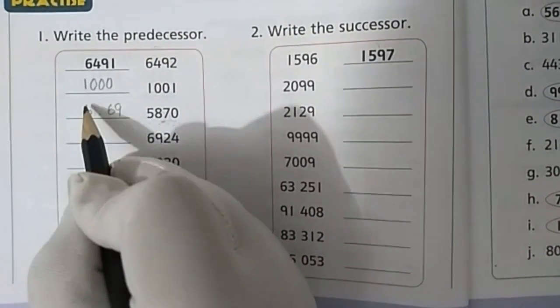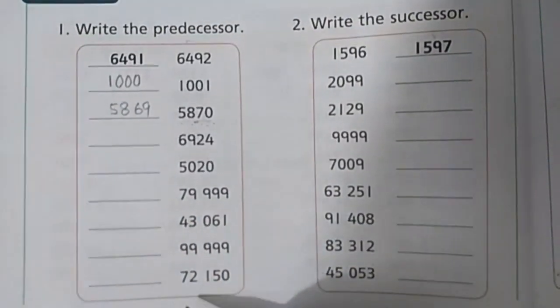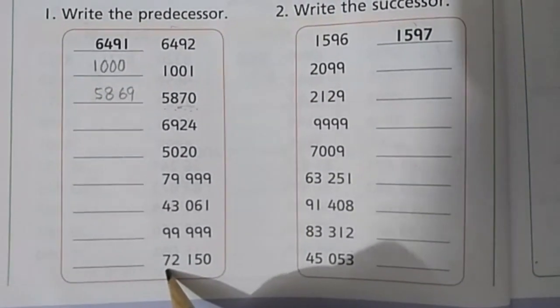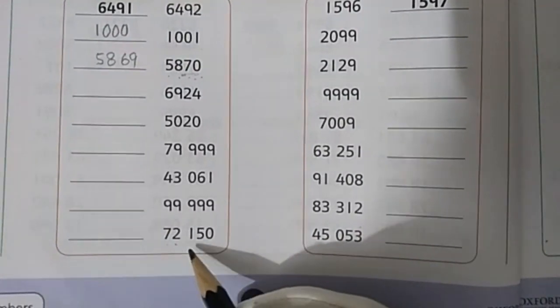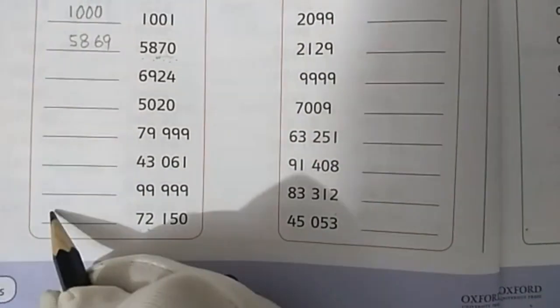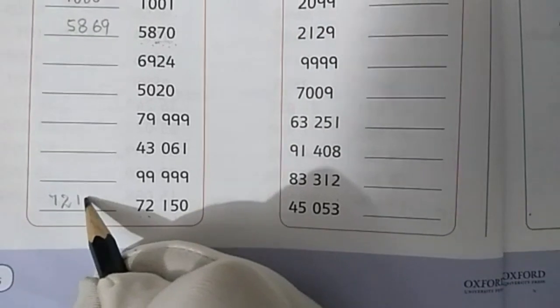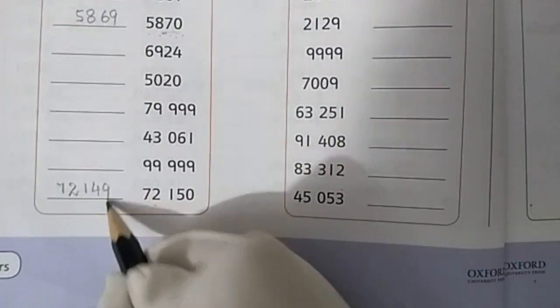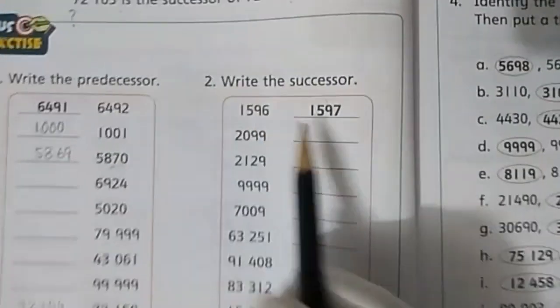We write 5,869. Like this, if the number is 72,150, what is the predecessor? The number is 72,149.